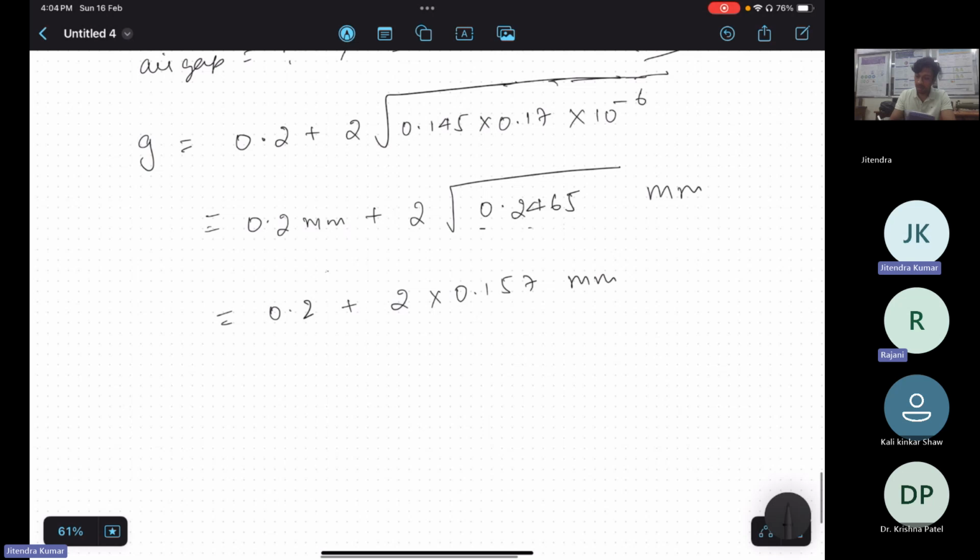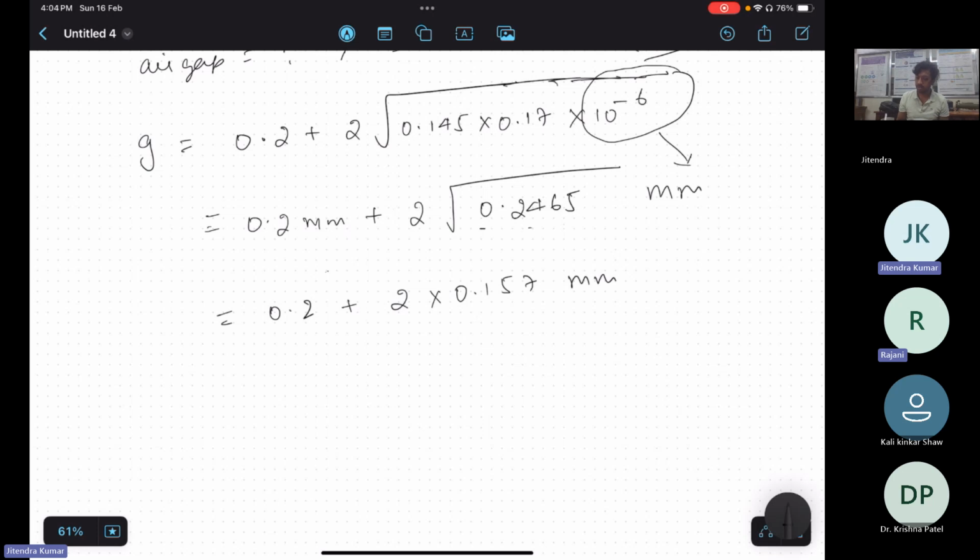That is 10 power minus 3 because of the root. So this 10 to the power minus 6 is converted to mm. See, if you take under root of 10 to the power minus 6, it will be 10 to the power minus 3, isn't it? And if you take 10 to the power minus 3 and convert into meter, it will be mm.